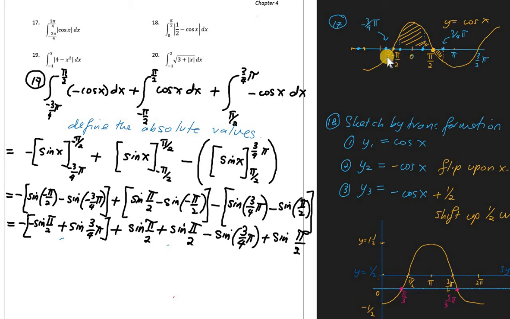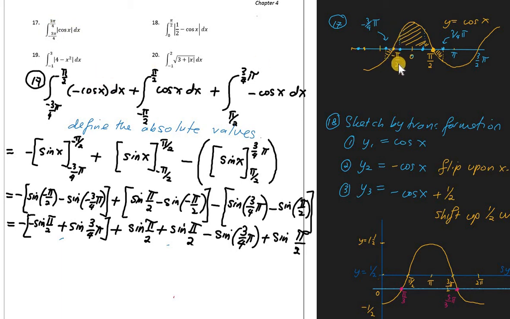Absolute meaning you cannot read the y as a negative. So whenever we have a y value being negative, we need to flip. For this portion from negative 3 on 4 pi to negative pi on 2, we read it as a negative value, meaning we flip this graph.